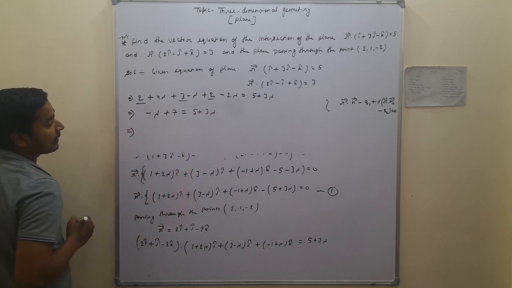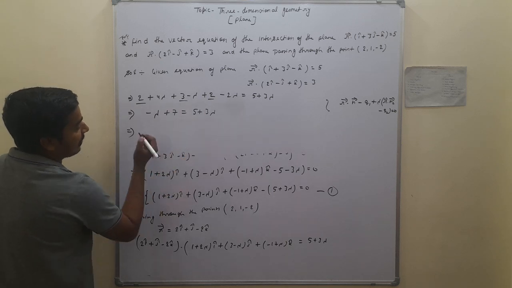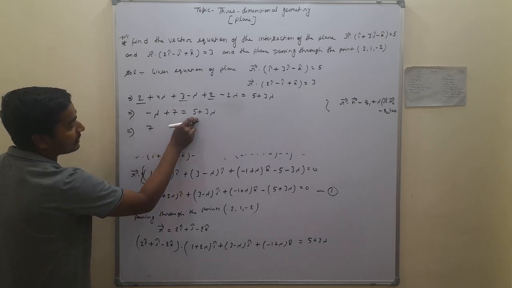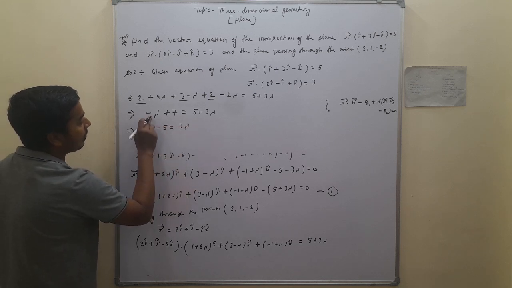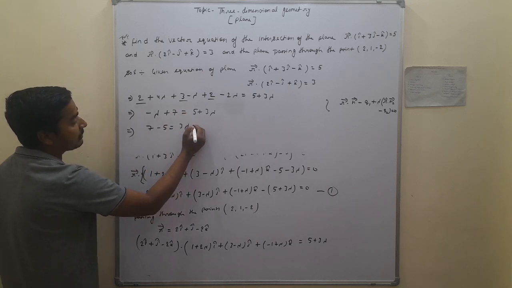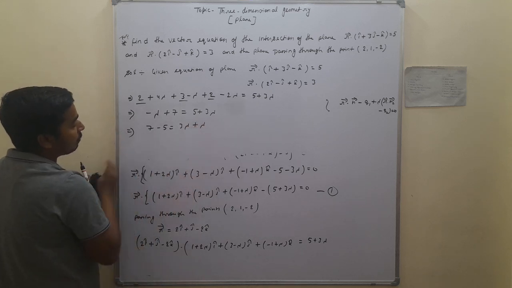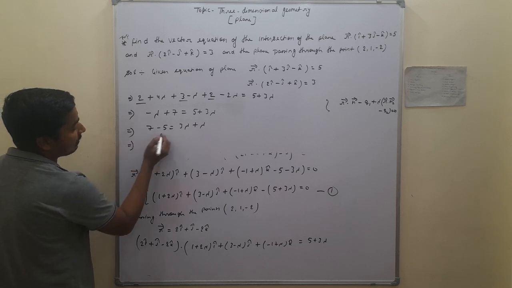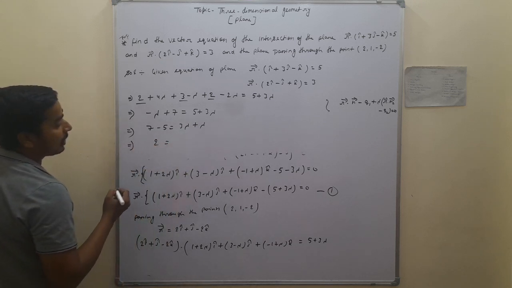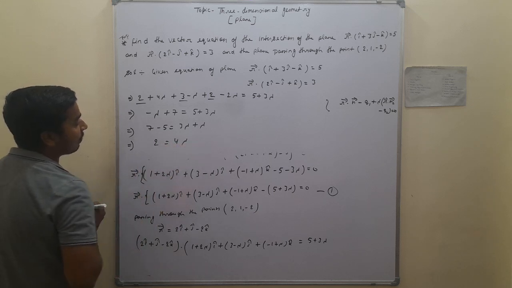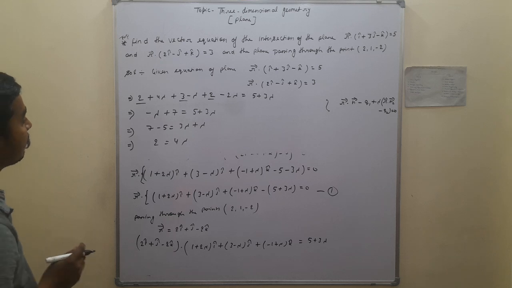Minus lambda is taken to the right-hand side and 5 is taken to the left-hand side, this is 7 minus 5, and 3 lambda plus lambda on the right-hand side. Solving, we get 7 minus 5 is 2, and 3 lambda plus lambda, we get 4 lambda.